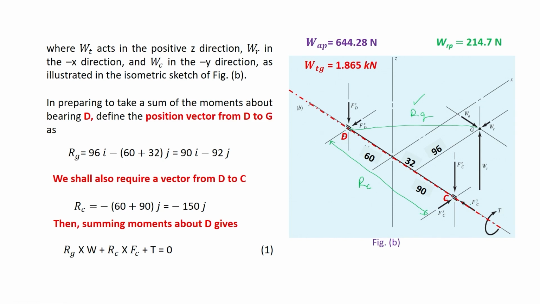The Fc vector has a component along the x direction, Fcx i, and along the y direction the force is acting along the positive y axis, so plus Fcy j, and along the z direction the component of the Fc force is acting along the negative z axis, so minus Fcz k. Okay, so this is your Fc vector.